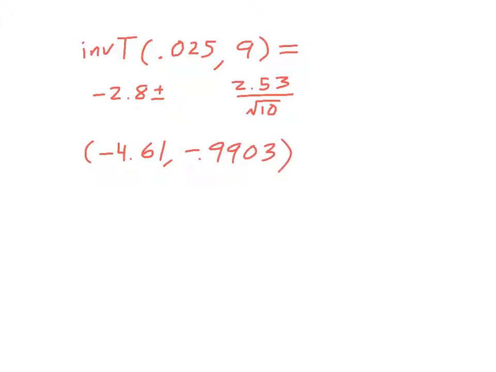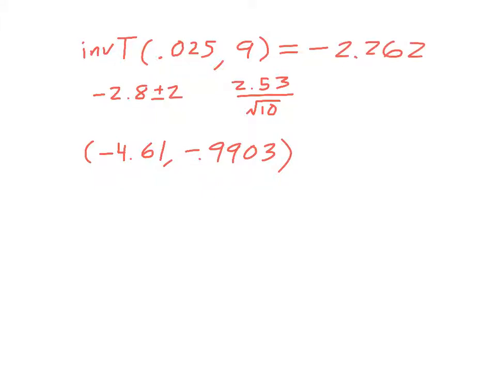So now let me find that t star, second vars, to get to distribution. Inverse t, 0.025, 9. This equals negative 2.262.